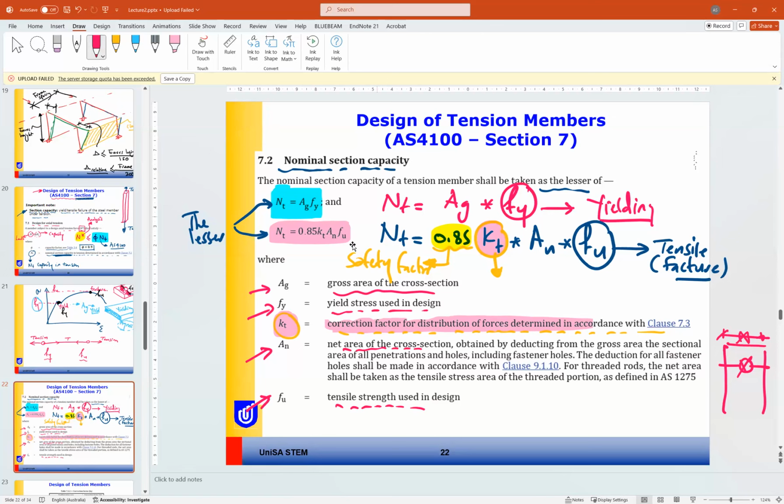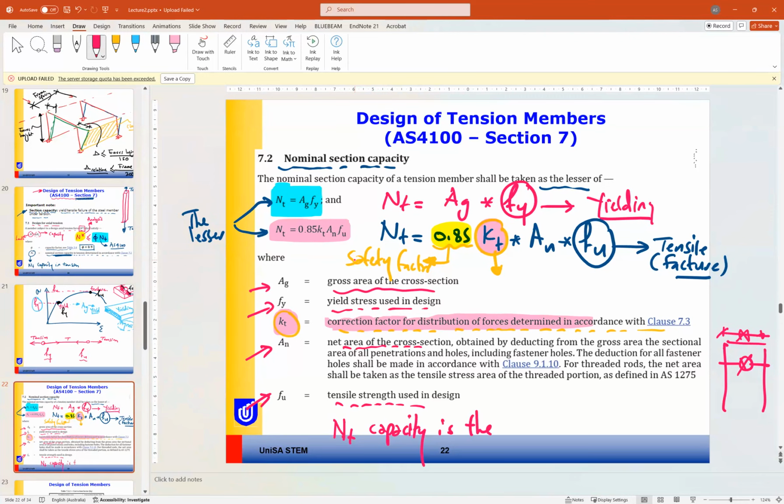So these are the two formulas. Again, the capacity is the lesser of these two formulas: AG F yield and 0.85 KT AN FU.